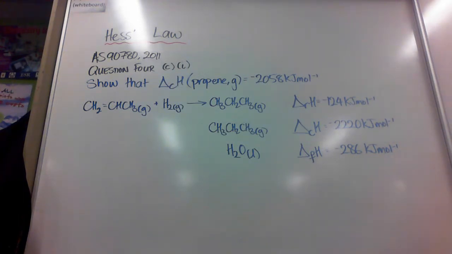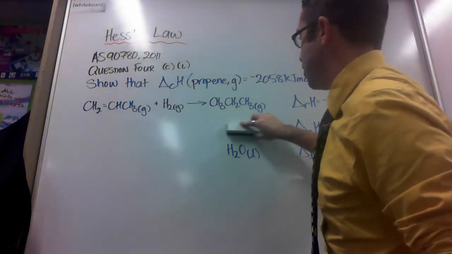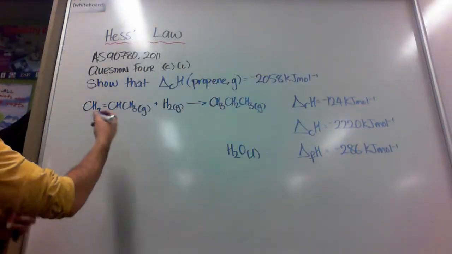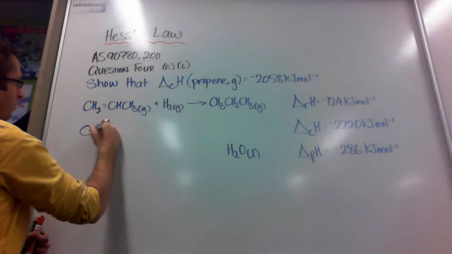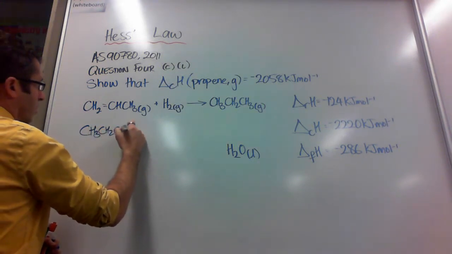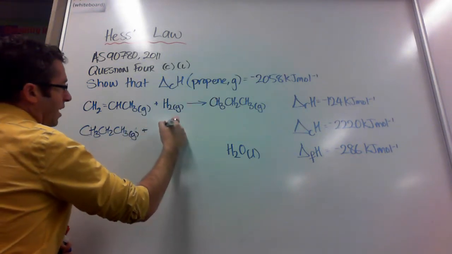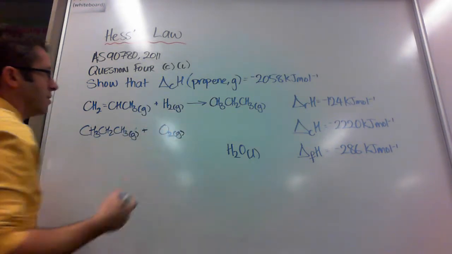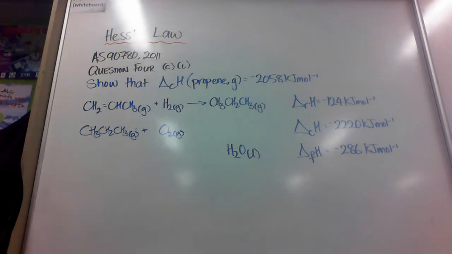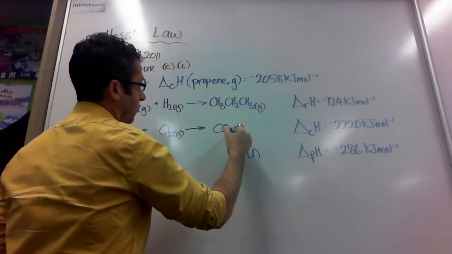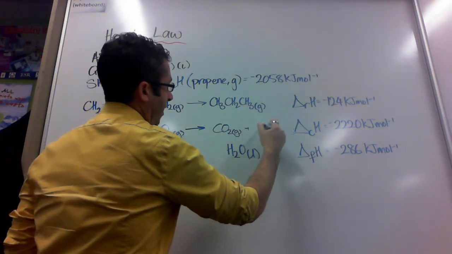So what I'm going to do is delete that, rub it out I should say, and say what it actually is. So combustion, the little C means combustion, means the reaction, states of matter are important, the reaction with oxygen gas to make, if it's complete combustion of an alkane, you should know that it only makes CO2 and H2O.